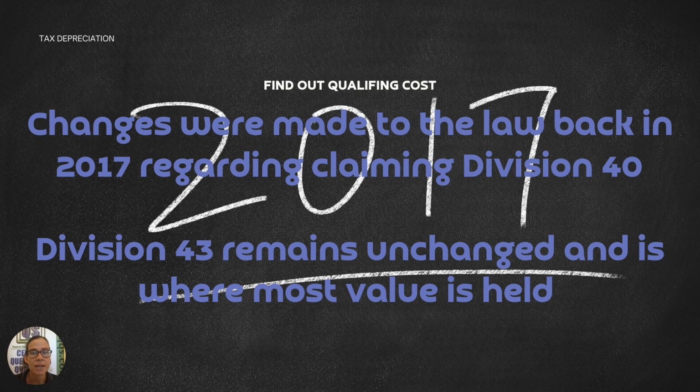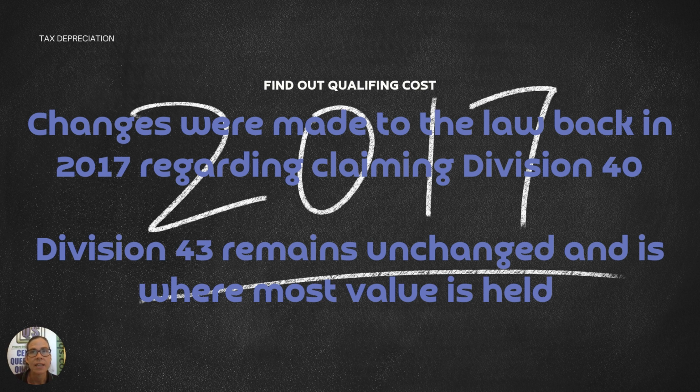So in 2017, there were changes made to the law regarding claiming Division 40. So with new items, we claim depreciation as they always used to, but if they're second-hand items or don't qualify, we actually put them in a different section and we call it a deferred asset.